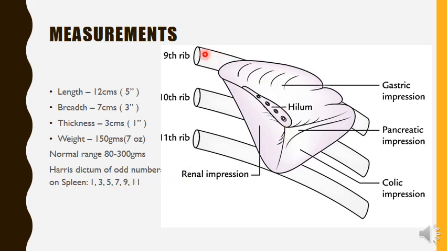In this image, this is the 9th rib, 10th rib and 11th rib. The situation of the spleen on its diaphragmatic surface is related to the 9th, 10th and 11th ribs. So the only even number in relation to the spleen is this 10th rib. What does that correspond to? It corresponds with the long axis of the spleen, right? So these odd numbers in relation to the spleen are called the Harris dictum of odd numbers.